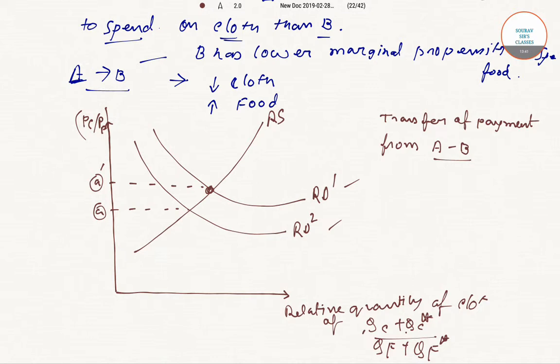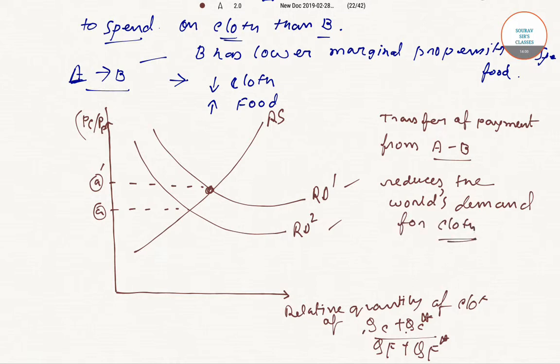A transfer of payment from A to B reduces the world demand for cloth and increases the world's demand for food.